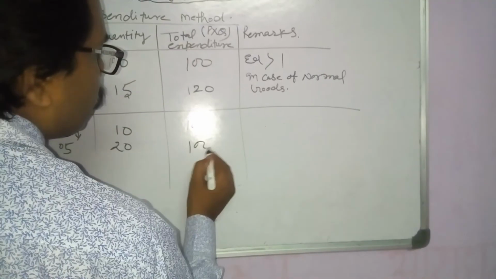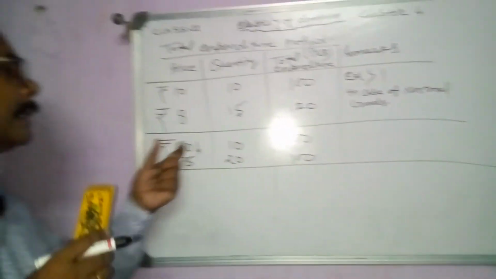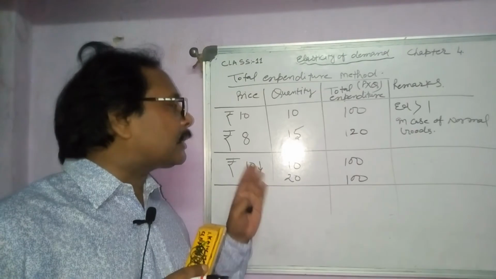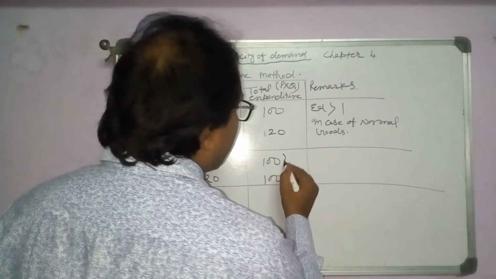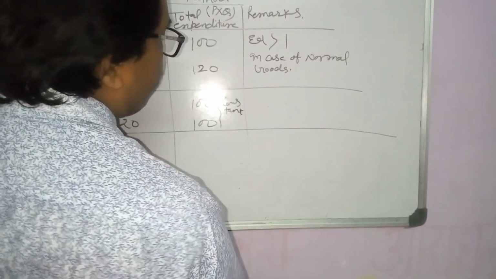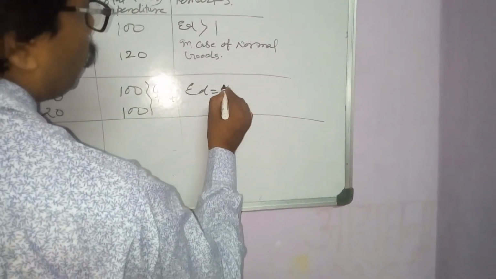Now our total expenditure is again 100. So it indicates that whether the price increases or decreases, our total expenditure is constant. So we can say ED is equal to 1.